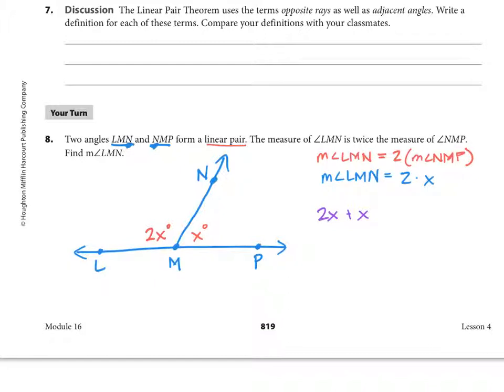Because they are a linear pair, they add up to 180 degrees. And we just solved this. 2x plus x is 3x, and then that equals 180. Divide by 3, so x is 60. So that means this is 60 degrees, and that makes this one 120 degrees, because you just do 2 times 60 to figure that out. Okay, and that's it for number 8.